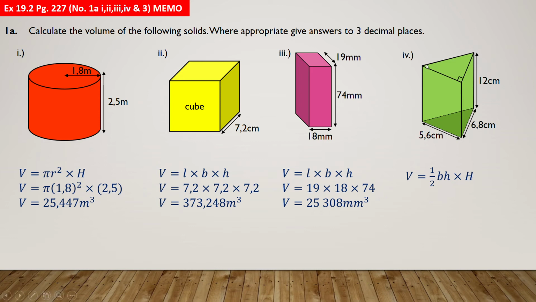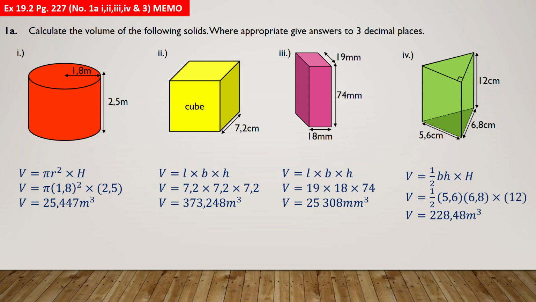All right, in this case here, I'm working with a right angle triangle, so this is going to be base times height. Okay, so a half of 5,6 times 6,8 multiplied by my big height, which is 12. And if I calculate that, I'm going to get 228,48 meters cubed.